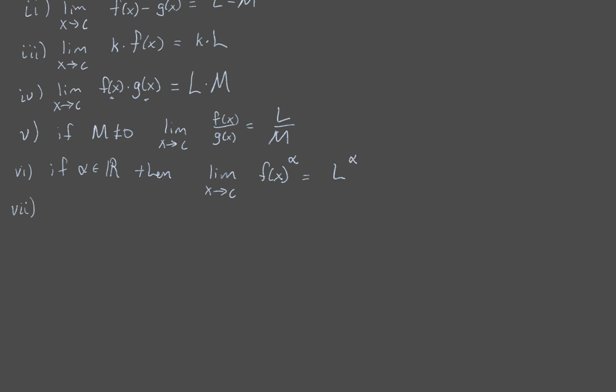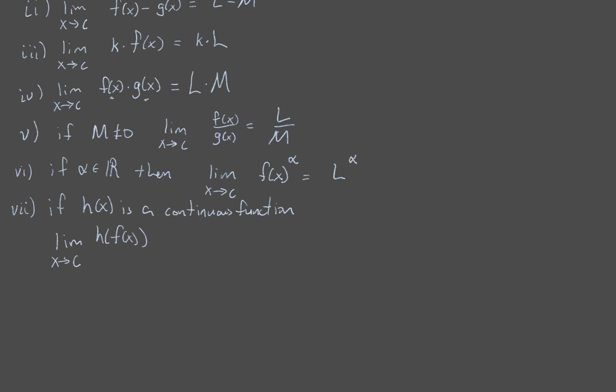And then lastly, this one's kind of nice and important later on in calculus. We won't see it too much in this section, but it's really a powerful tool. If, say, h of x is a continuous function, how composition works with this limit is we've got the limit of h of f of x as x goes to c.